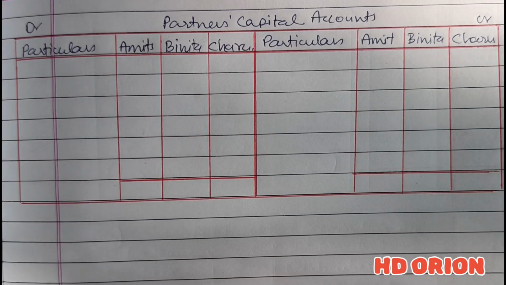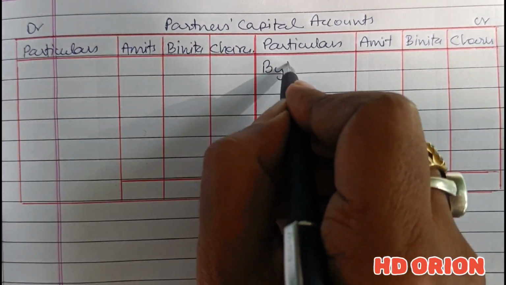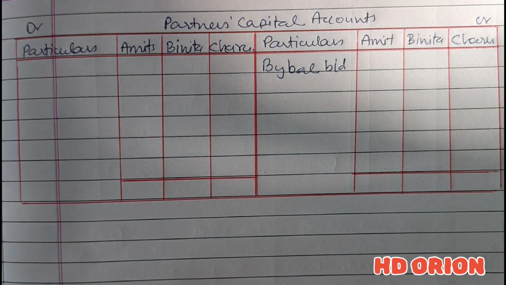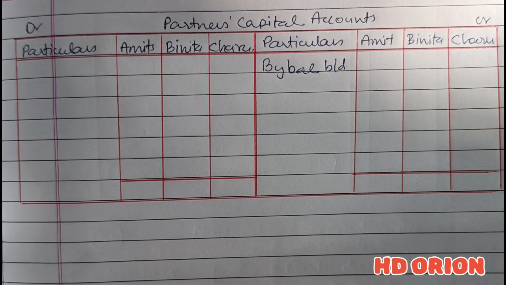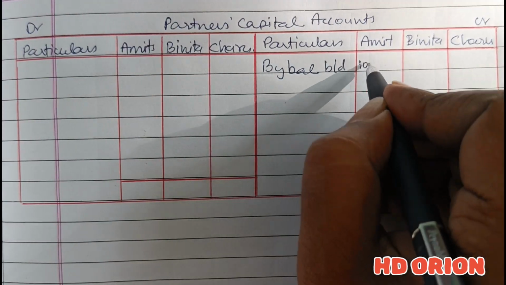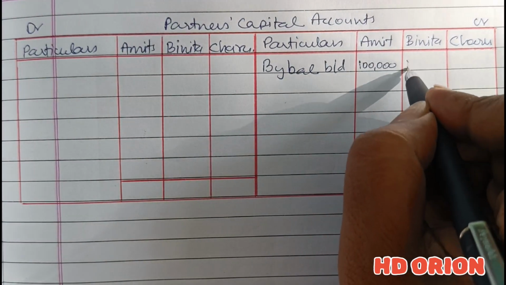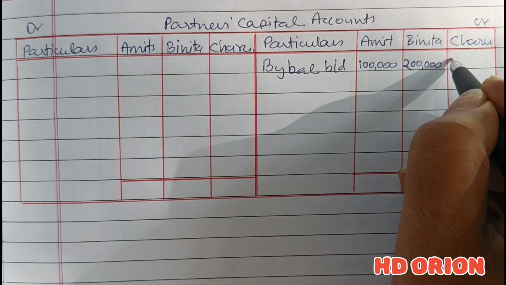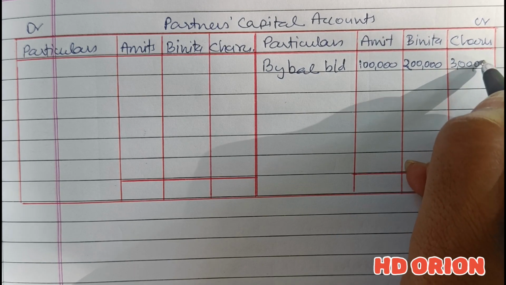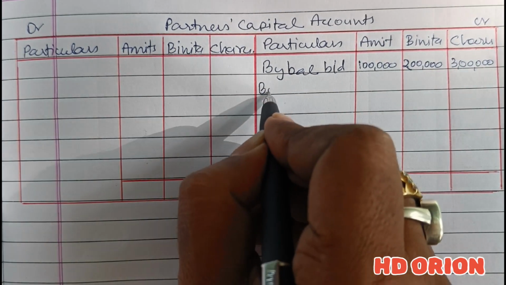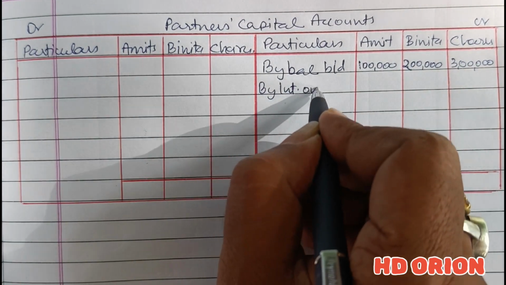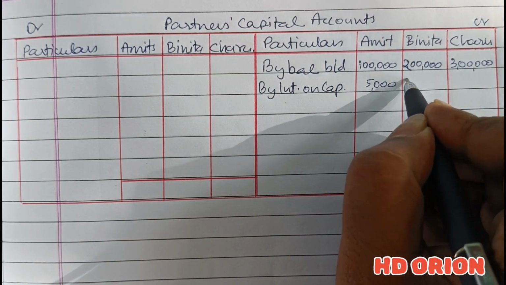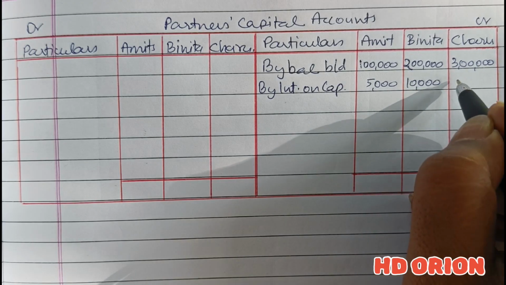Now partners' capital account. So by balance brought down, as given in the question, their capitals are rupees 1 lakh, 2 lakh and 3 lakh respectively. So these are credit balances. And by interest on capitals, it is 5,000, then 10,000 and 15,000.